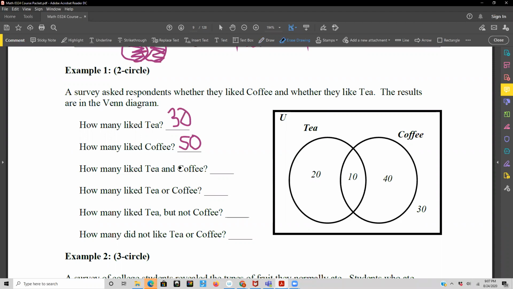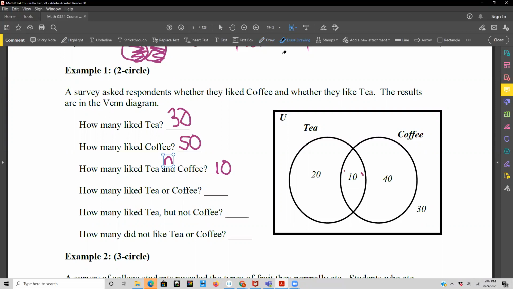All right, how many like tea and coffee? There's that word and, so that means what's in both of them. The intersection is the middle portion of the circles, so the ones that like tea and coffee would be 10. Next one: how many like tea or coffee?